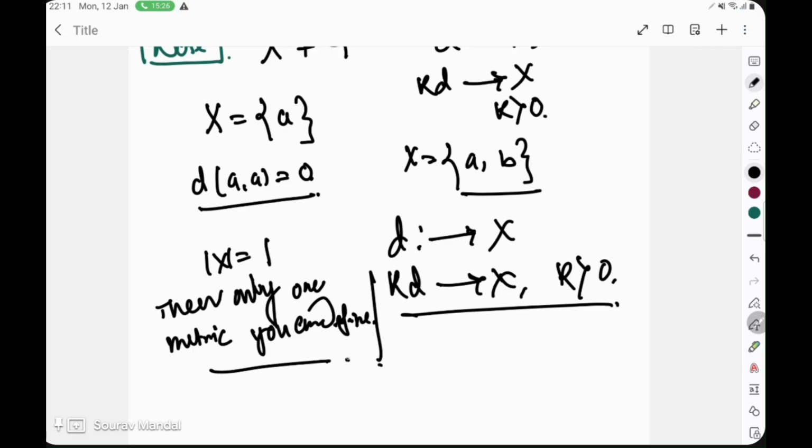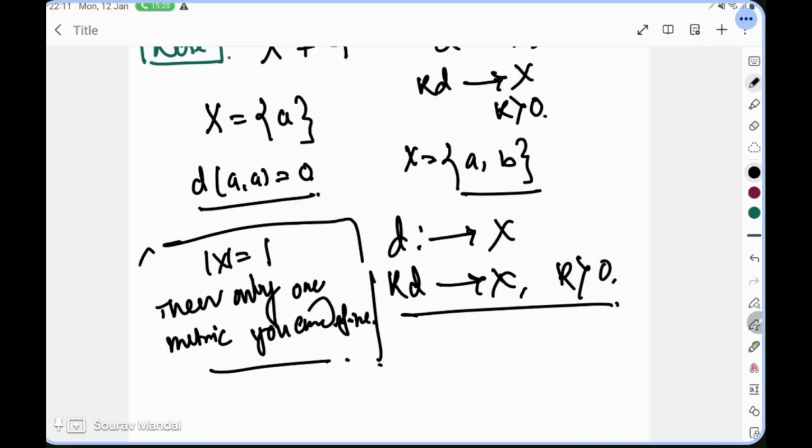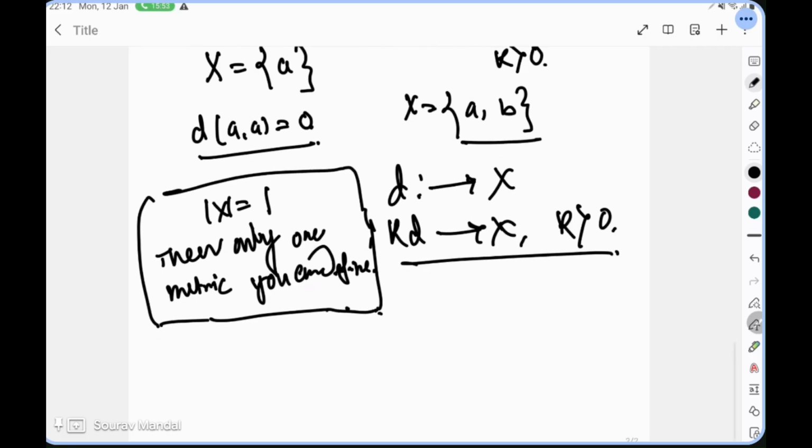But this is a very tricky question. It is obvious that if you can define one metric on X, then you can define infinitely many metrics, but there is one exceptional case: if the cardinality of X is 1, meaning X is a singleton set, then only one metric can be defined. Suppose X contains only two elements, then what are the possible metrics you can define?